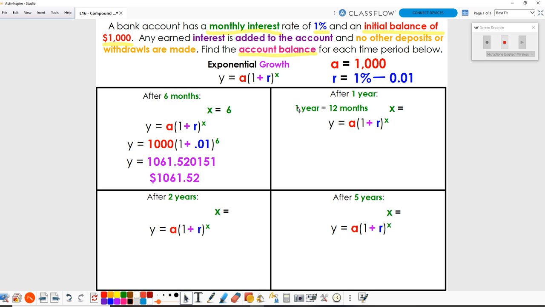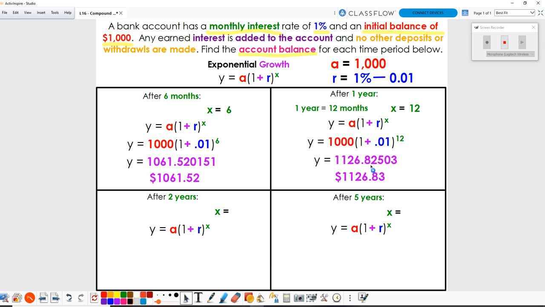So 1 year is actually 12 months. And because 1 year is 12 months, that means my x value is actually going to be a 12. Okay, so same thing. We have our same initial balance. We have our same interest rate. This time, our time period, or our intervals, is going to be 12. And when we put it in the calculator, again, we get this giant decimal, which we're going to round.